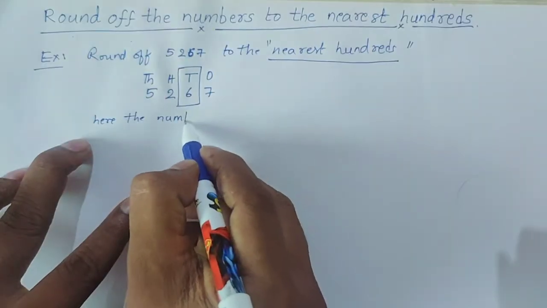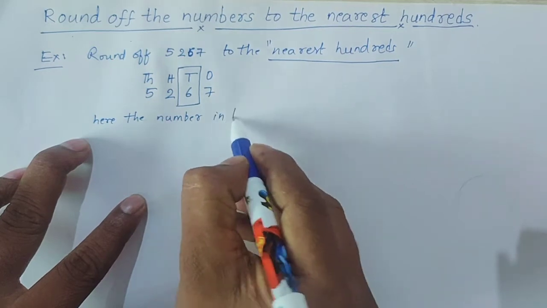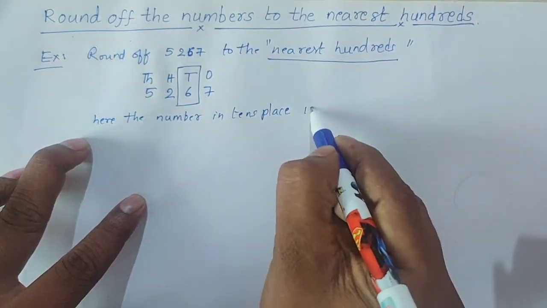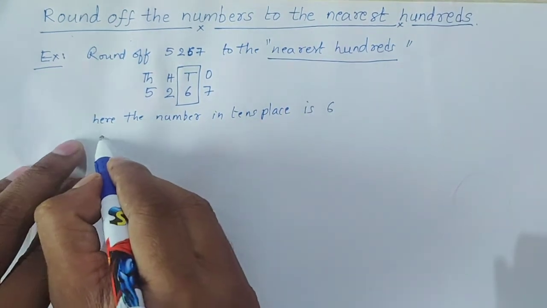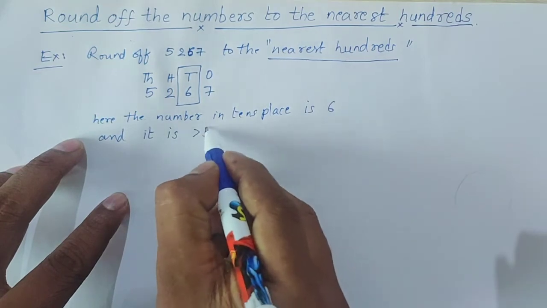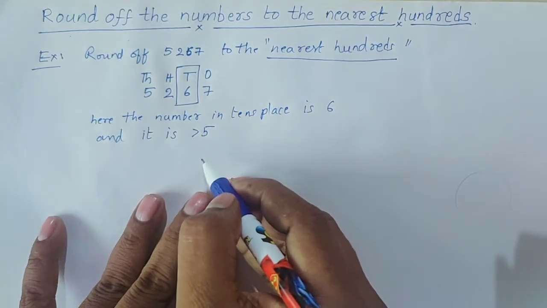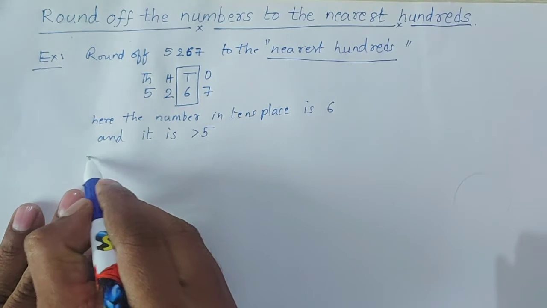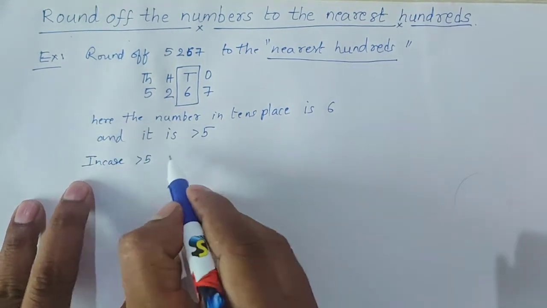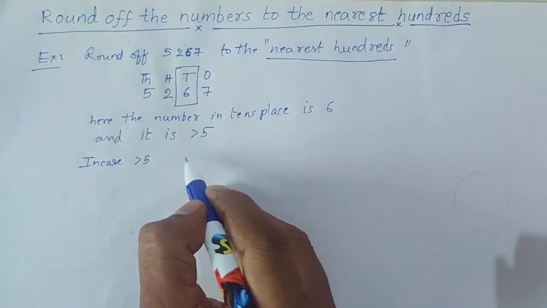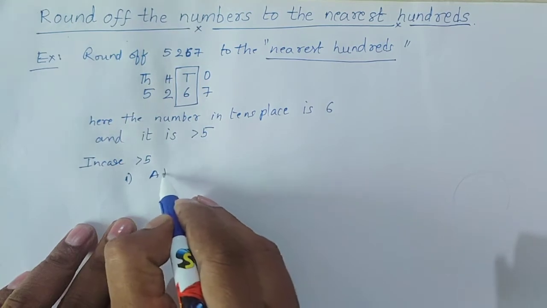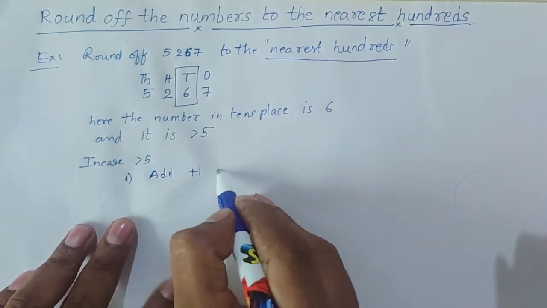The number in tens place is 6 and it is greater than 5. So in case of greater than 5, we have to change the number.